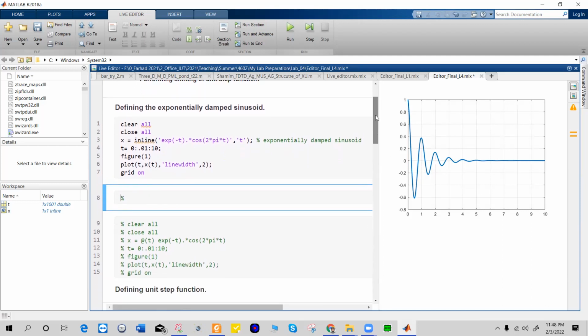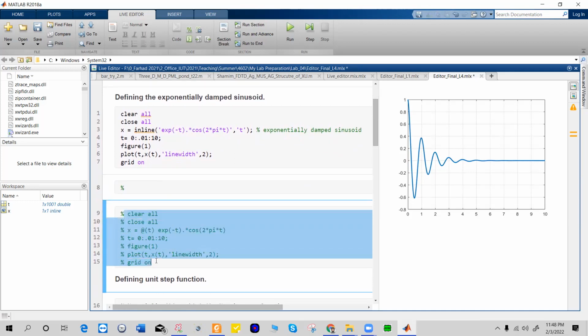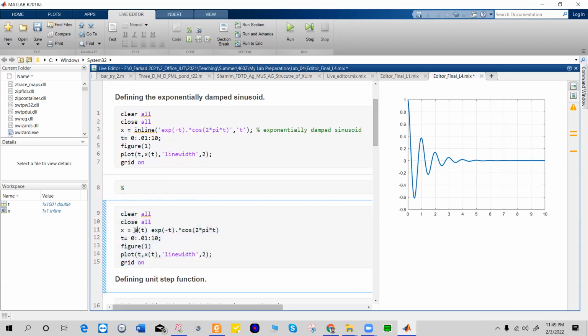There is another way. The second approach is similar, with just one difference. Instead of inline, you can simply use this notation, and you will have the same result.